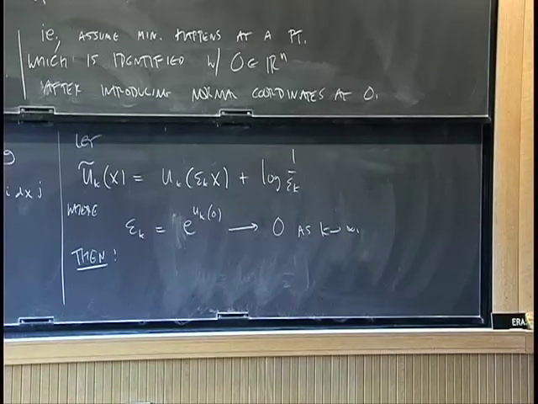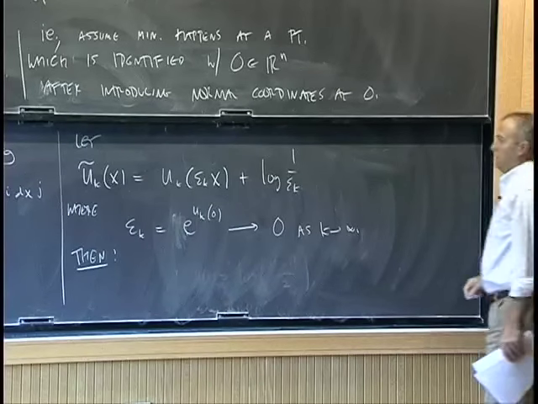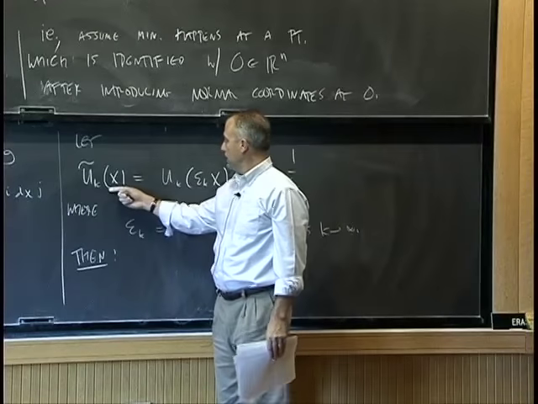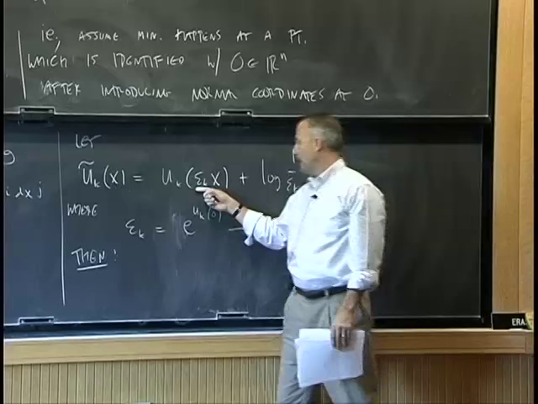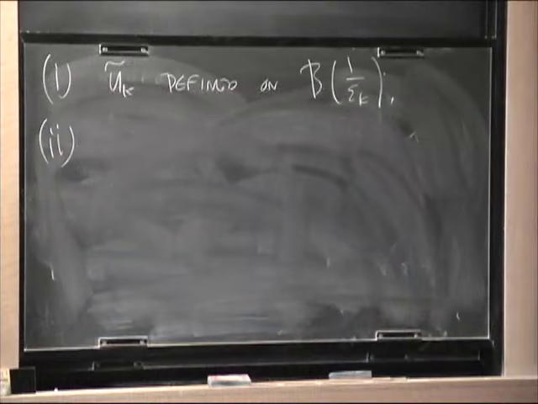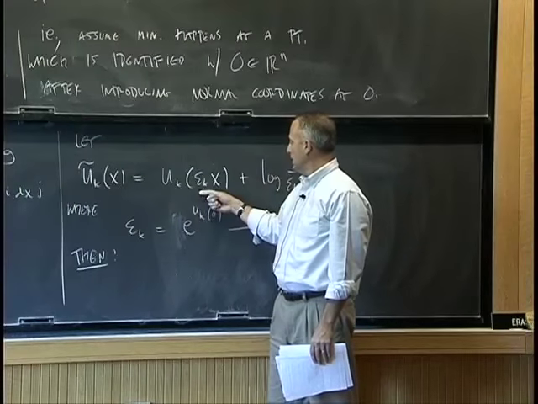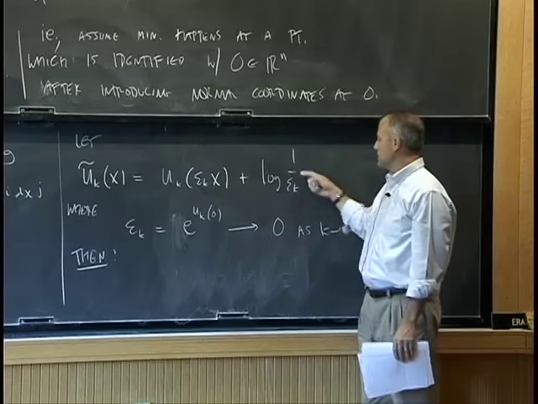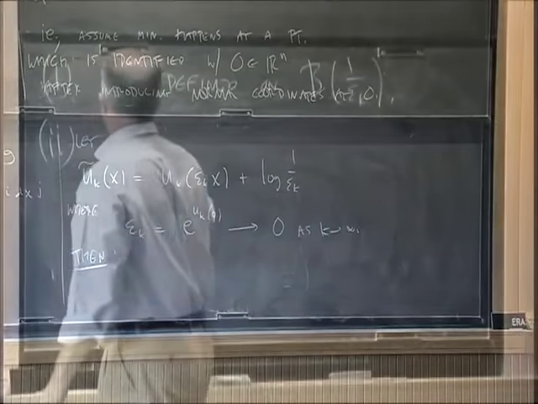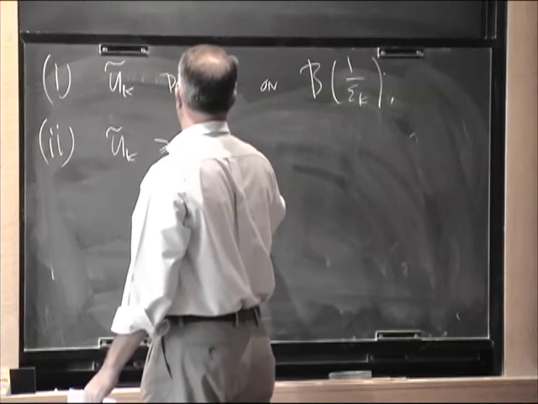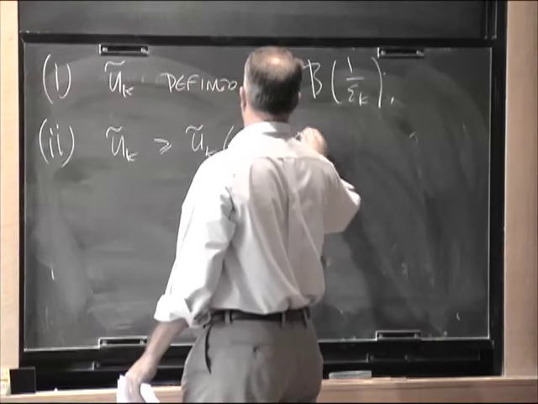On the other hand, what's the minimum of UK tilde? Well, it's just UK evaluated at this point plus some constant. So the minimum is still going to be attained at the origin, and epsilon k is precisely chosen so that at the origin UK tilde is 0. So UK tilde is greater than or equal to UK tilde at the origin, which is 0.